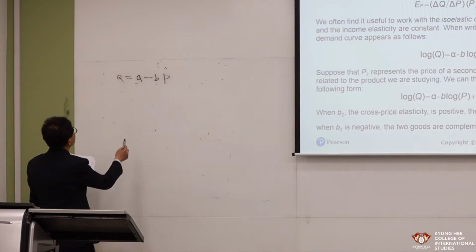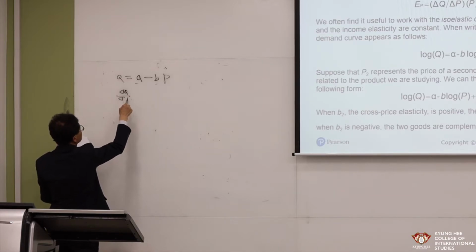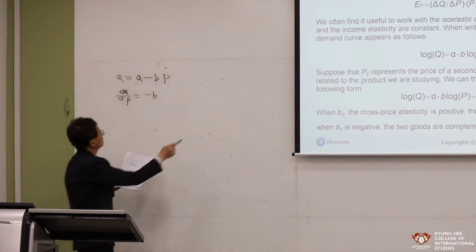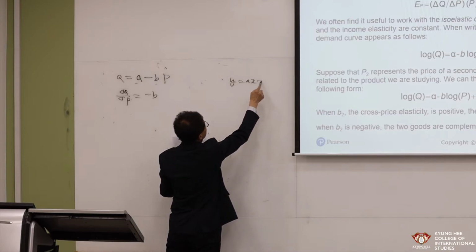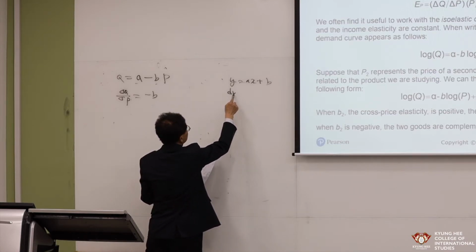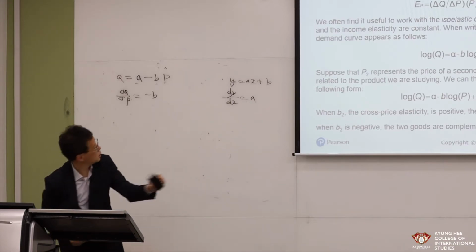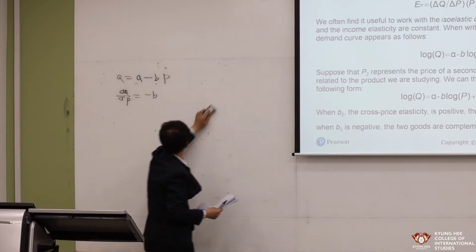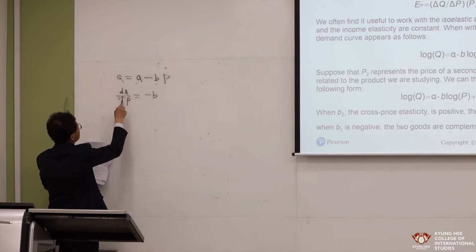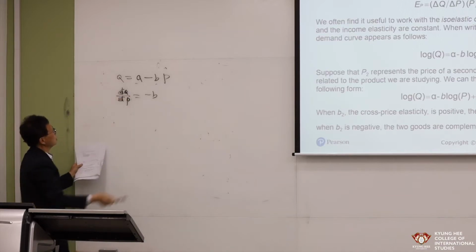From here, we can calculate the changing rate of Q over the changing price. That is minus B, isn't it? For example, y equals ax plus b, then the first derivative of y with respect to x is a. More exactly, the instantaneous changing rate is simply a like this, right? So using the same formula of differentiation we know, the instantaneous changing rate is like this.